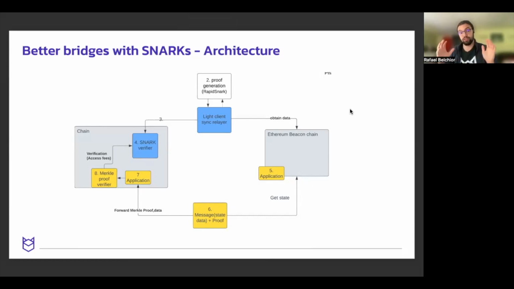We have a list of state roots that are valid and available on chain. On the other hand, the off-chain relayer submits the Merkle proof and the data to the application on the target chain, which validates the Merkle proof on a third-party library that verifies Merkle proofs, and that Merkle proof verifier obtains the state roots from the Dendrith SNARK verifier contract.